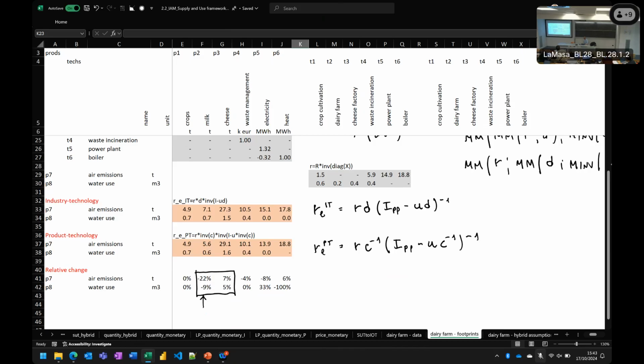Okay, I really want to bring you to the end of this exercise, so I left this kind of reasoning for you to work on in groups, okay? Because in the end it's not so difficult, it's just a matter of trying to solve the riddle and see what is going to happen to the system if I'm using product technology or industry technology, if I'm invoking a demand of output.